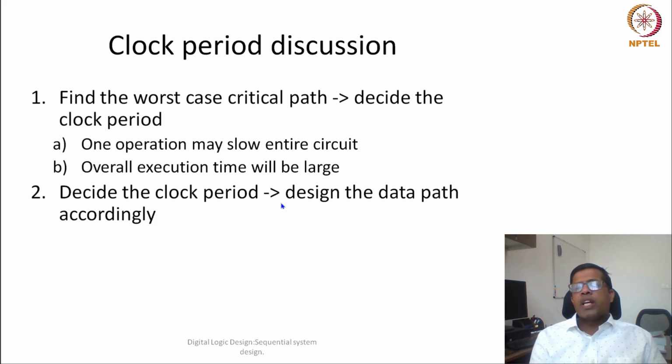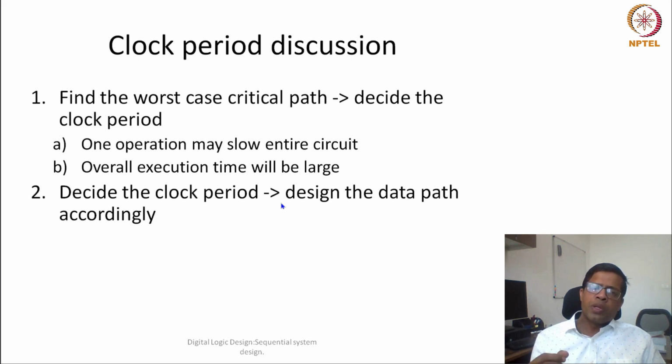And even if we take the safest case where most of the operations take similar time, but some operations, let's say 10%, 20%, take more time and their delay is a little more, the clock period will always be determined by those operations.